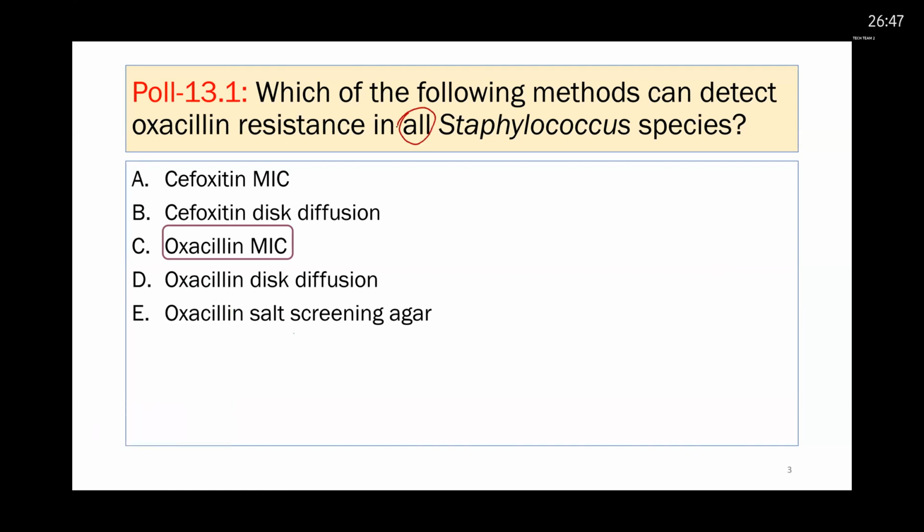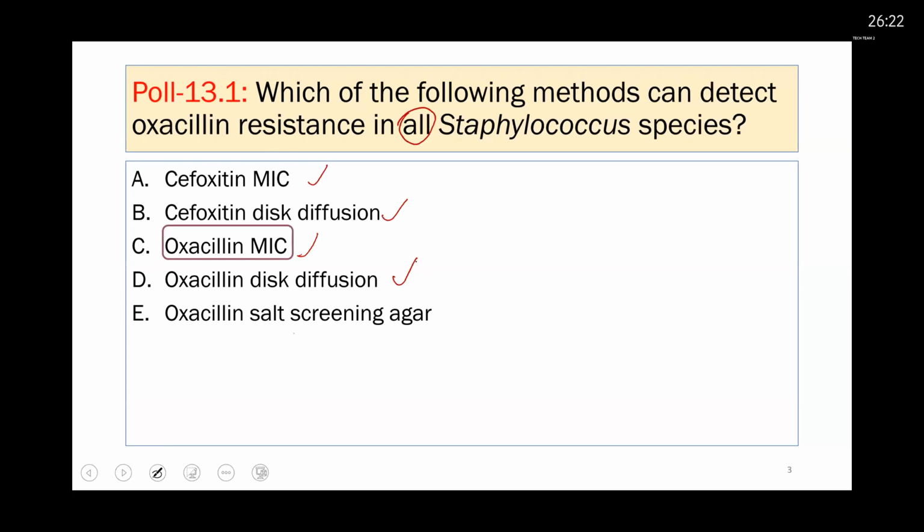By all staphylococcal species we mean Staphylococcus aureus as well as all CoNS. We had 5 options. Either it can be a cefoxitin based test, cefoxitin MIC or cefoxitin disc diffusion, or an oxacillin based test: MIC, disc diffusion, or screen agar. The answer for this question is oxacillin MIC.